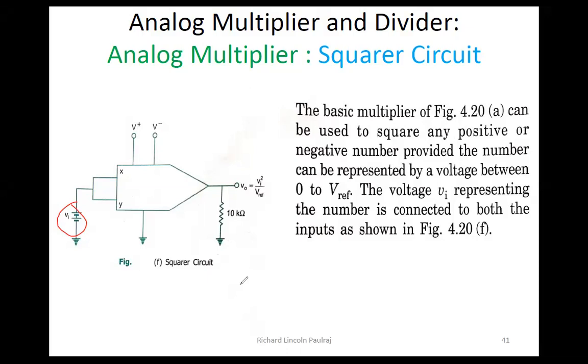The other thing we can look into is that the major requirement is that it should be in the range 0 to V reference. If it is not in this range, then it becomes difficult, because we saw the example of 0.25 and 25.